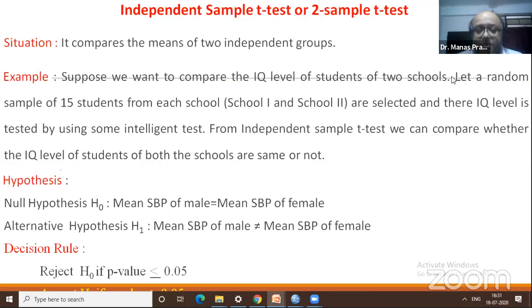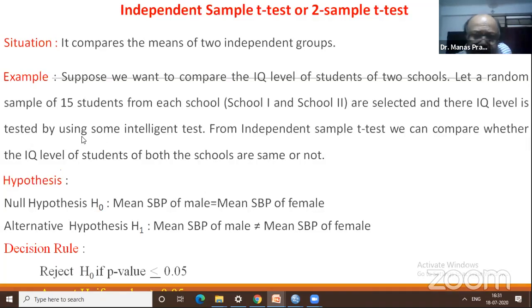I want to check whether the IQ level of this school and this school are the same or not, or whether the IQ level of this school is more than that of this school. In that case, I have to use the independent sample t-test.